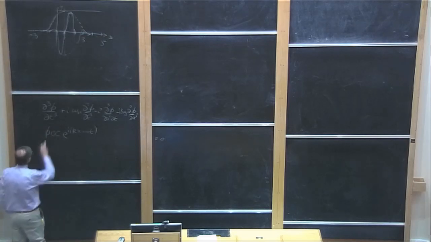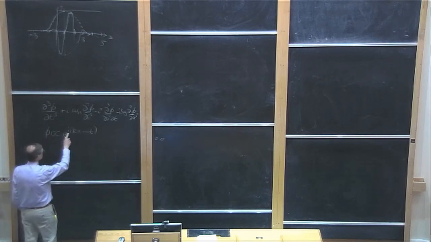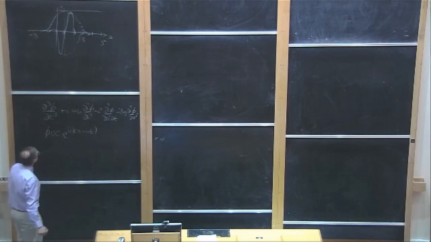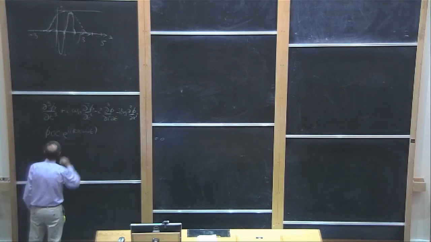So every time I differentiate with respect to time, I bring out a factor of minus i omega, and every time I differentiate with respect to x, I bring out a factor of ik.